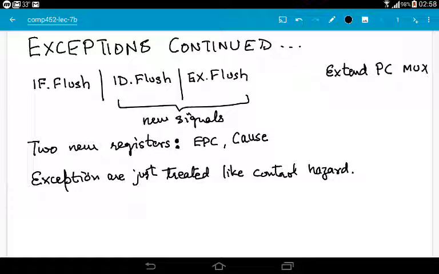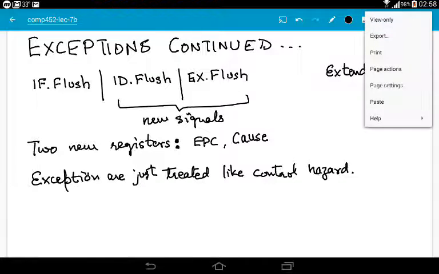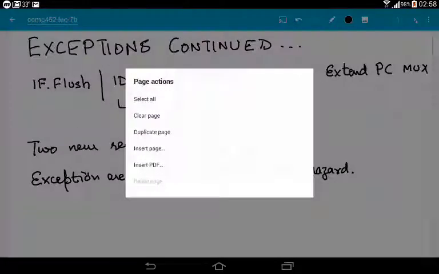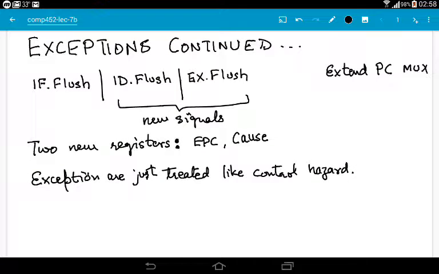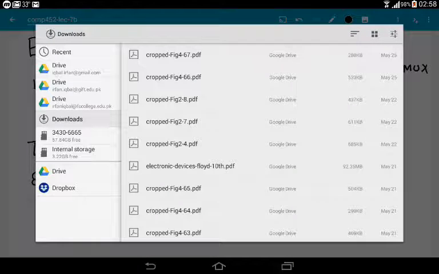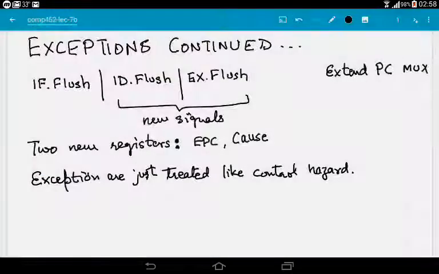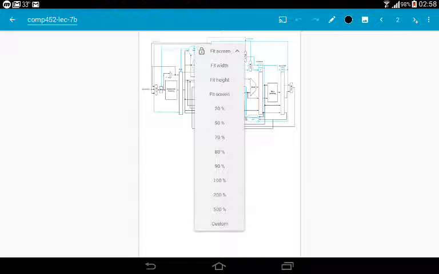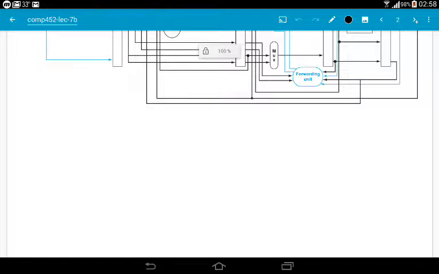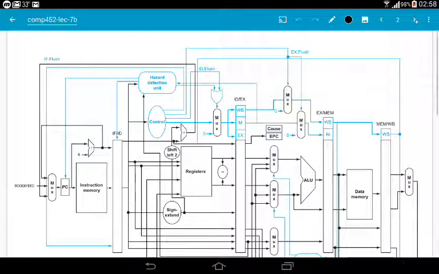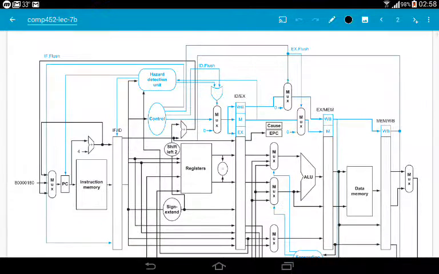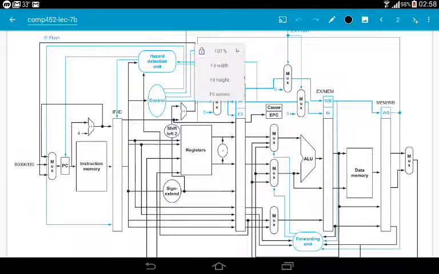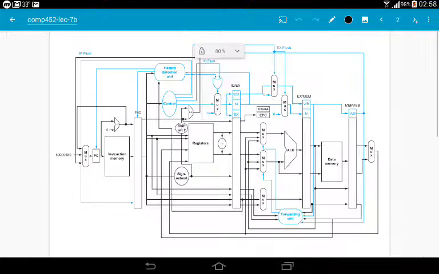For that purpose, let's load a figure. It's too big, I would like to fit it on one page.